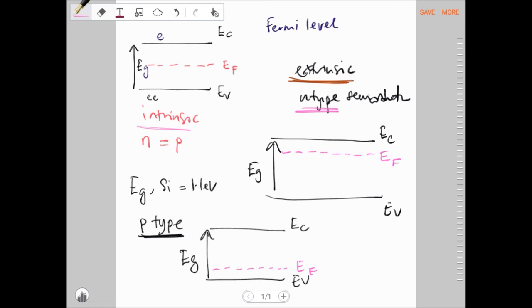So this is the basic. You have the intrinsic semiconductor, where the Fermi level is in the middle, then the N-type semiconductor, where the Fermi level is close to the conduction band, and the P-type semiconductor, where the Fermi level is closer to the valence band. This is important for us to move to the second stage.